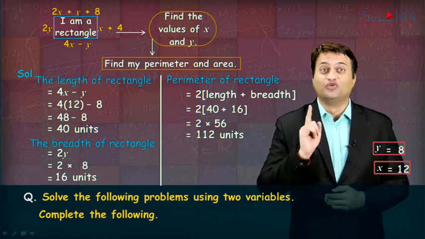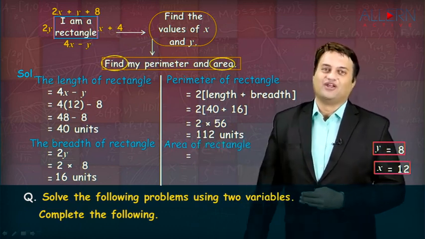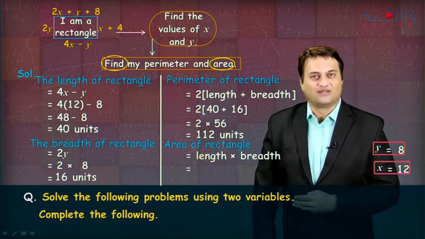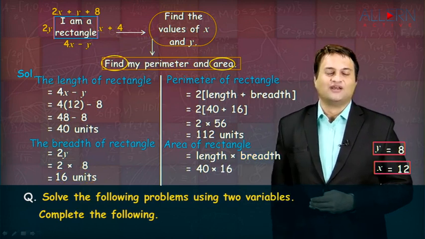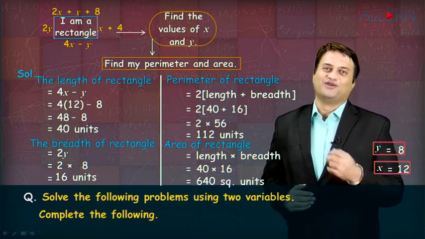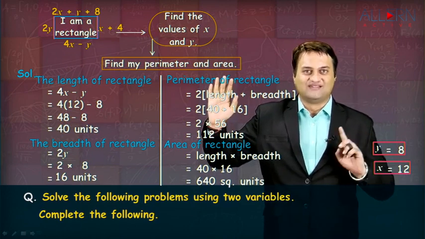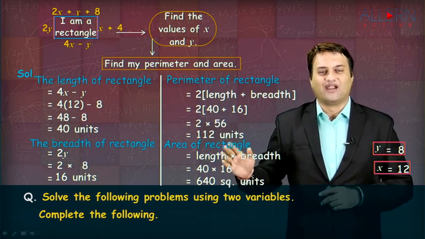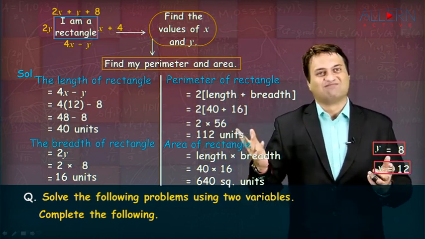Don't forget to write units here, right? Now let's find the area of the rectangle. Area of the rectangle is length into breadth. So length is 40, breadth is 16. 40 into 16 is 640 square units. So we got the value of x and y. X is 12, y is 8. We got the perimeter 112 units. We got the area 640 square units. As simple as that.